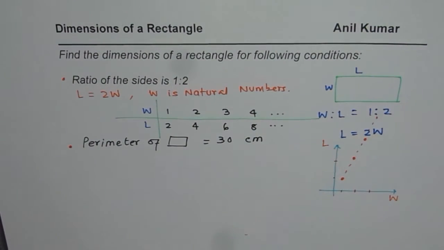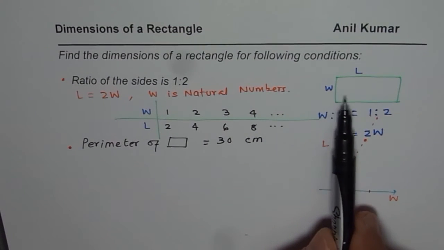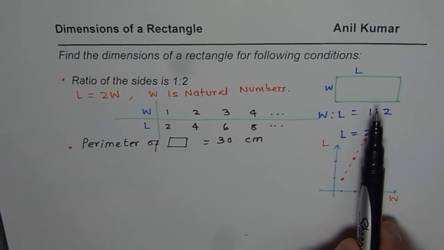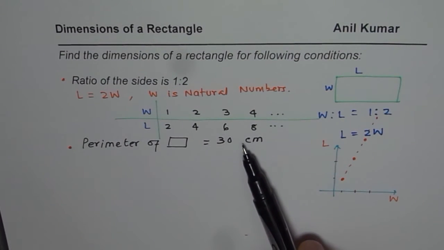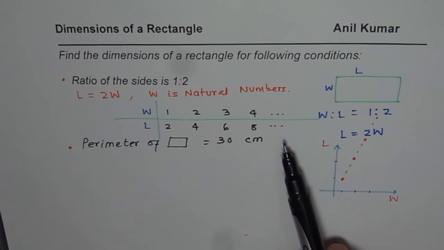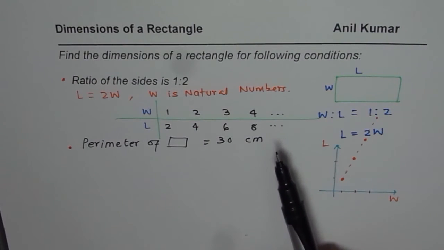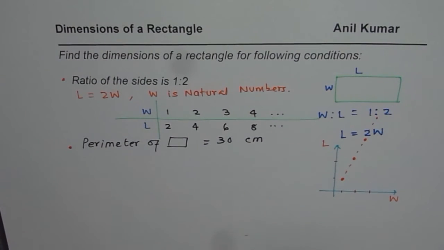In that case, what can be the dimensions? I'm just adding more conditions to the given condition of the ratio being 1:2. So now the question is: the ratio of the sides of a rectangle is 1:2 and the perimeter is 30. Find the dimensions of the rectangle. You get the point. So how do we solve this kind of question?